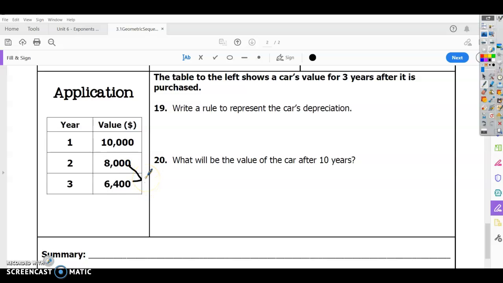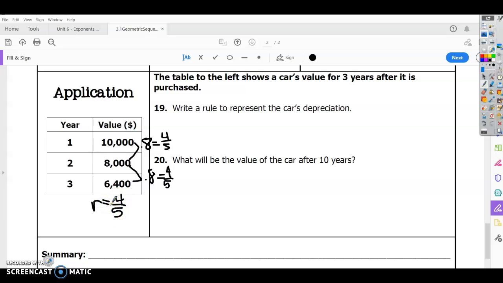If we do that, you're going to get 0.8. If we go from here to here, we get 0.8 again. 0.8 as a fraction is 4/5, and you can use your calculator to see that. So our common ratio is 4/5.